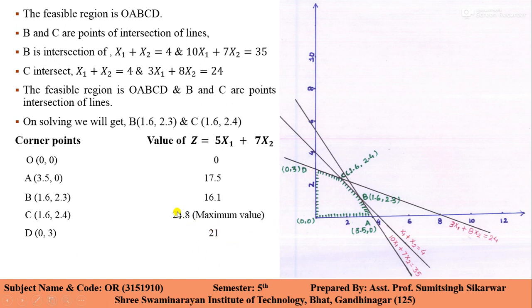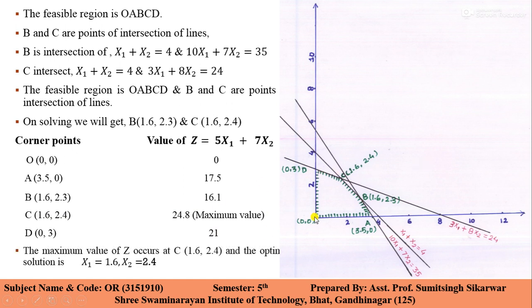Now we can observe that for the value of C, we'll get the maximum value. So it is the point where we have the maximum optimal solution from the feasible region. Thus, the maximum value for z occurs at x1 = 1.6 and x2 = 2.4.